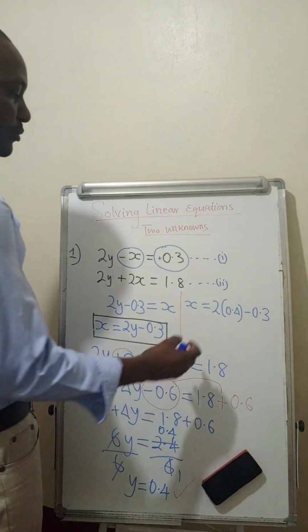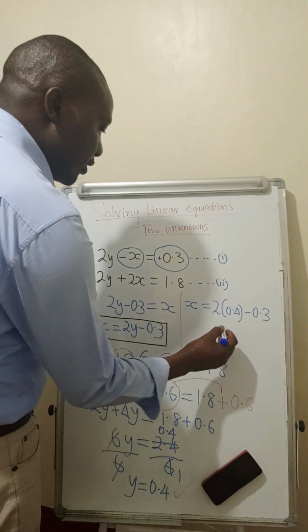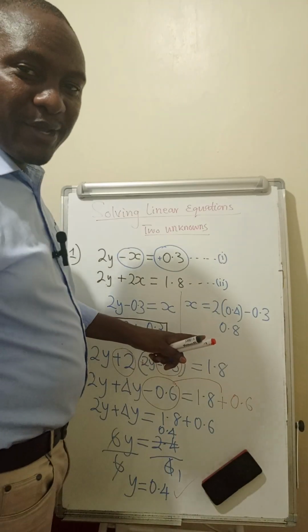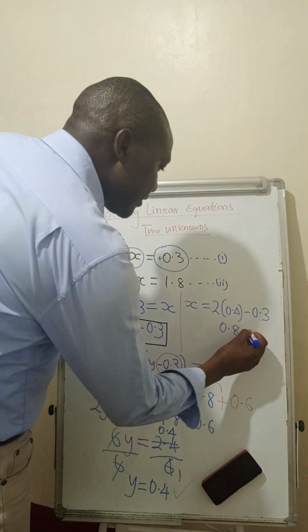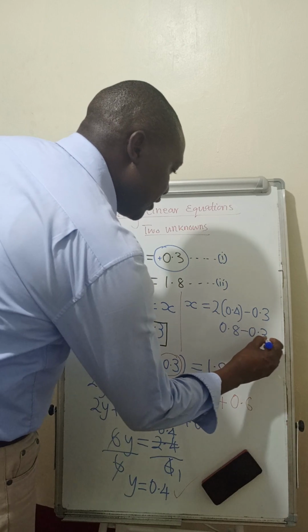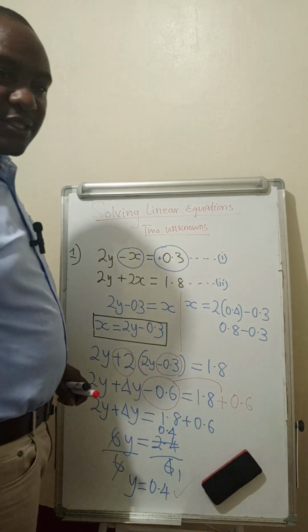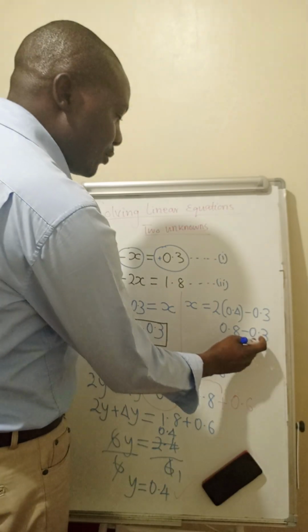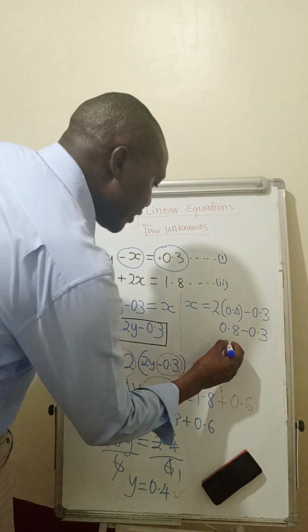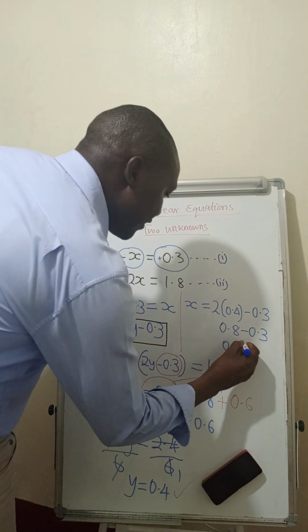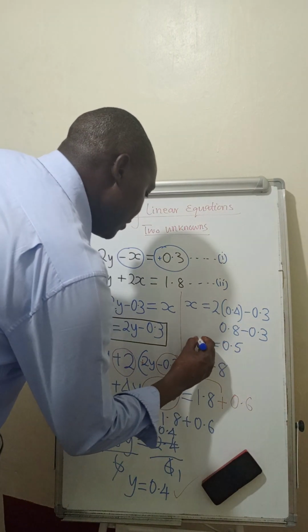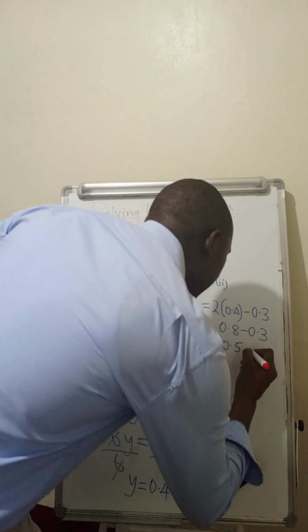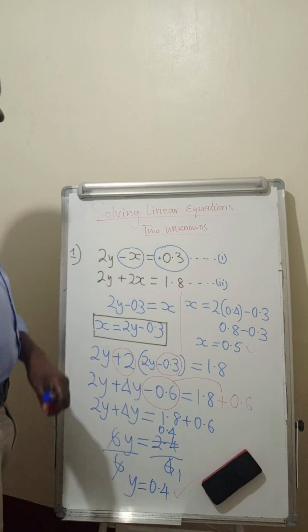Look at that. 2 times 0.4, you'll get 0.8. Are we together, my learners? Minus 0.3. Right? 0.8 minus 0.3. What do you get? You get 0.5. And that is the value of x. Wonderful. And now we have the value of x.